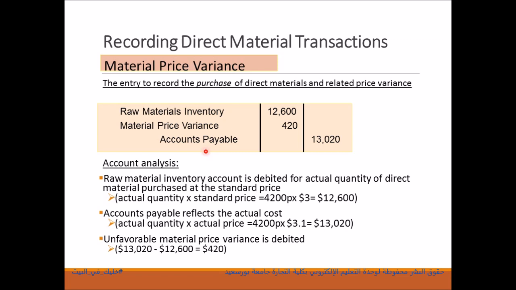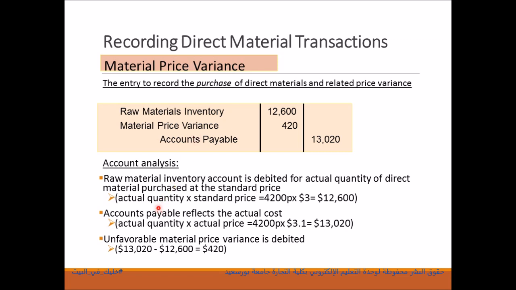And the difference between the account payable balance and raw material inventory balance is the variance. And if the variance is unfavorable, it should be debited. In this case, we have unfavorable material price variance. That's why we debit material price variance account. If the variance is favorable, it should be credited.